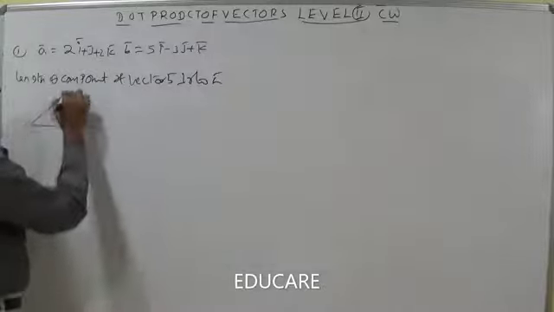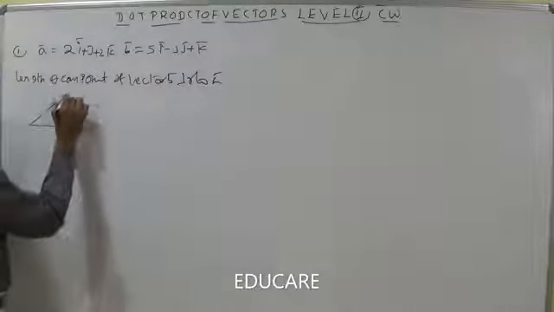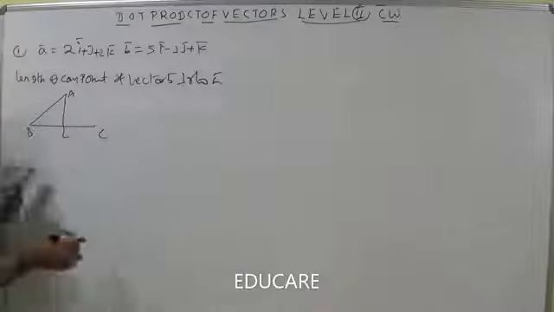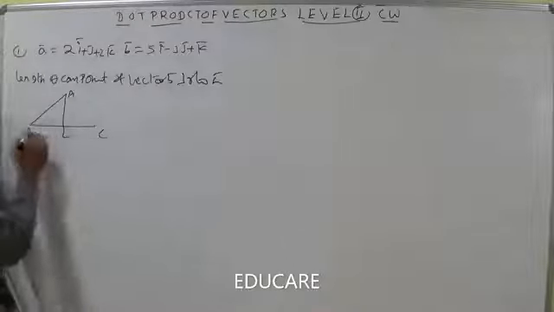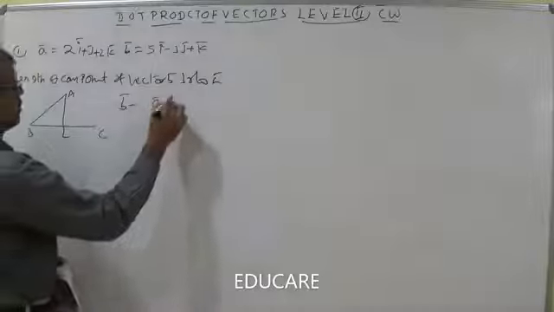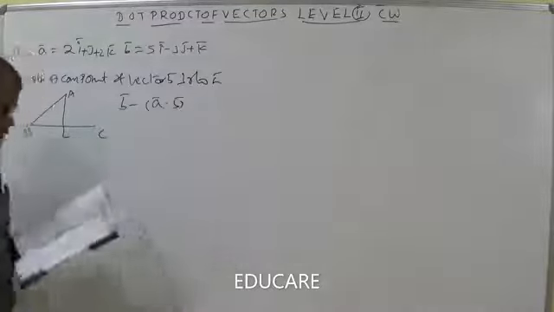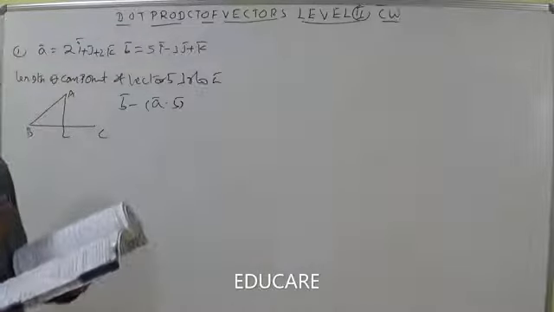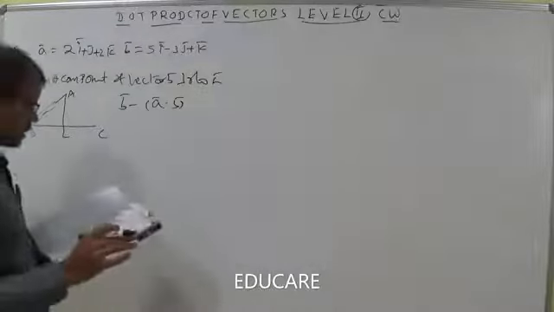If it is A, B, C, this is L. The formula is B bar minus A bar dot B bar. What is he asking? The length of component of B bar perpendicular to A bar, so you should read the question.